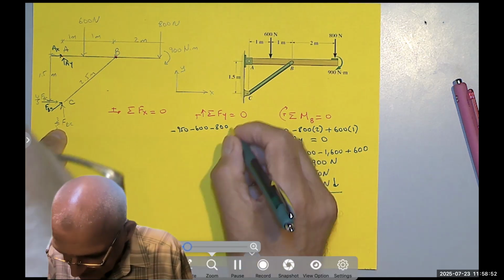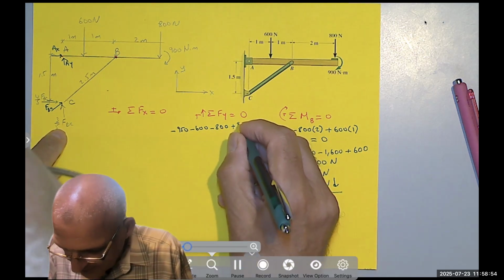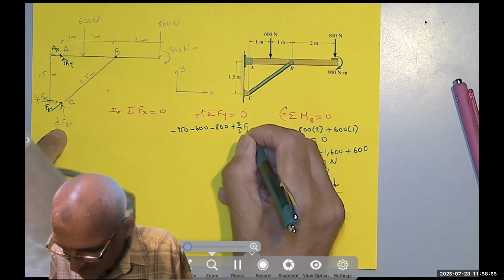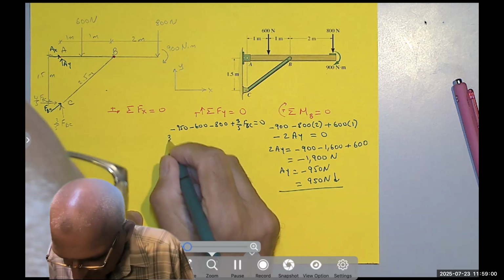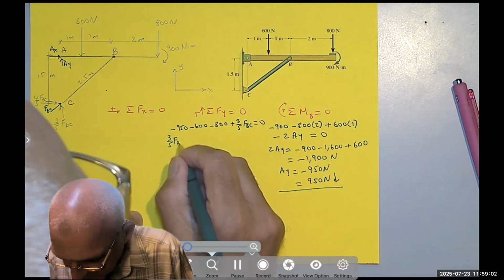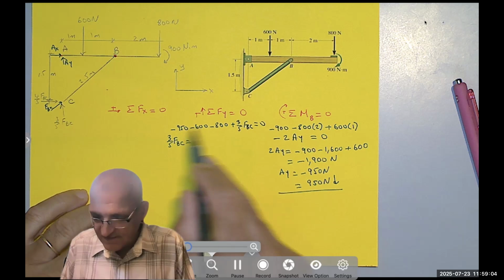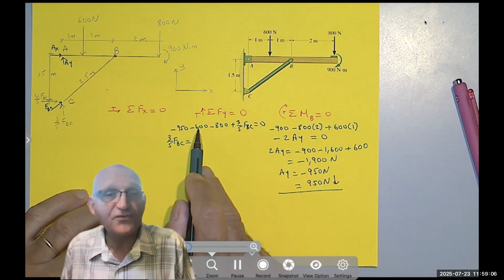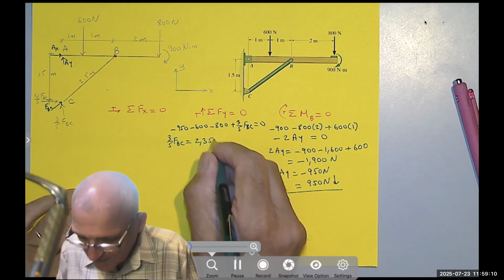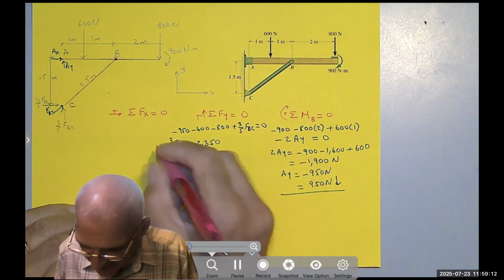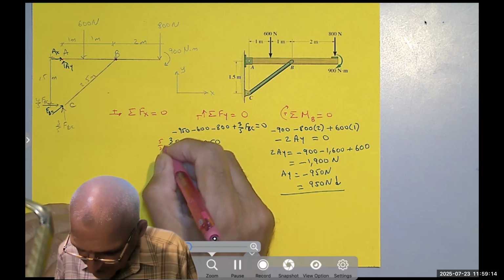So plus 3/5 FBC equals 0. So 3/5 FBC equals this plus this plus that. This plus this is 1400, 2350. Multiplying both sides by 5/3.